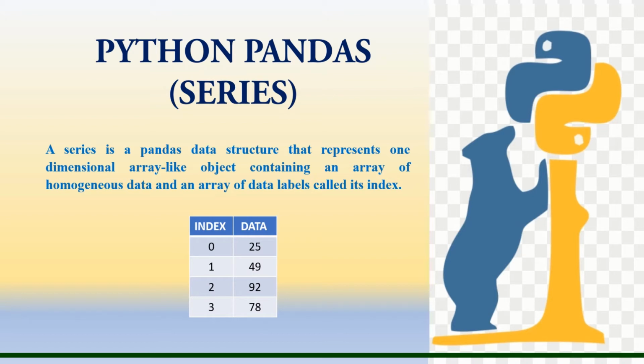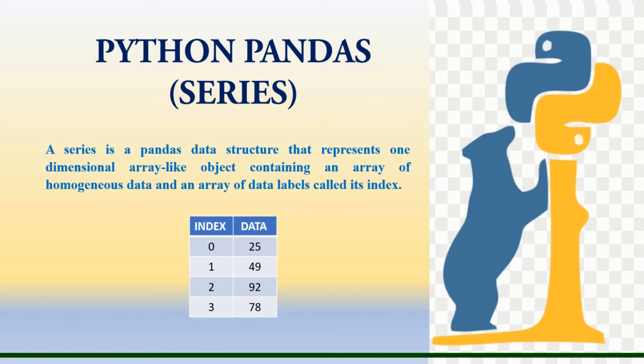What it means is that a series is the data structure of pandas, which contains homogeneous data and is one-dimensional. It has data labels which begin from 0 and go on like 1, 2, 3, 4 by default.